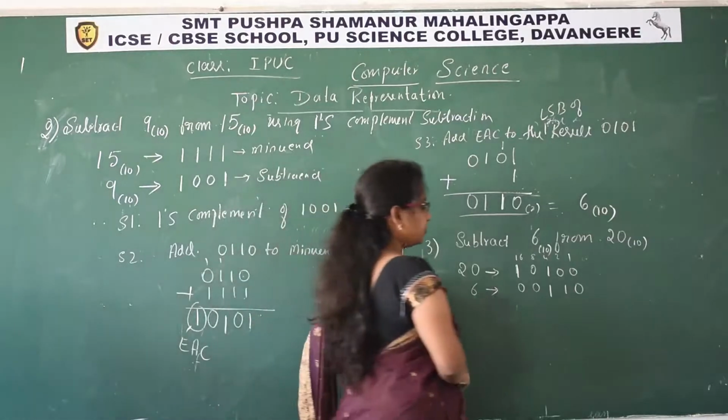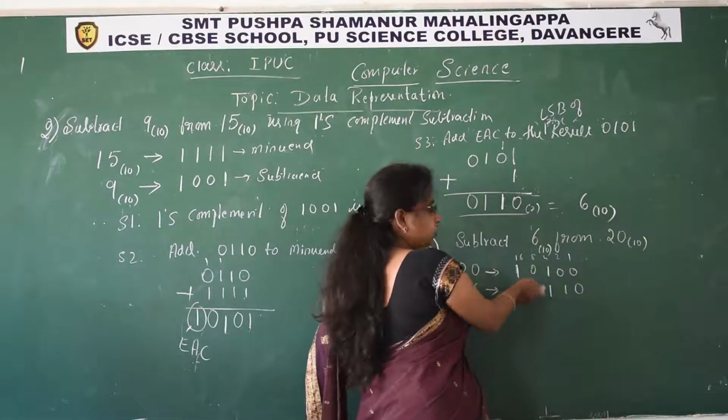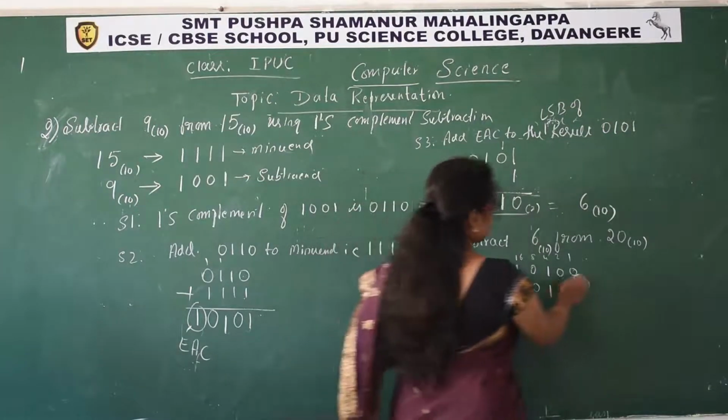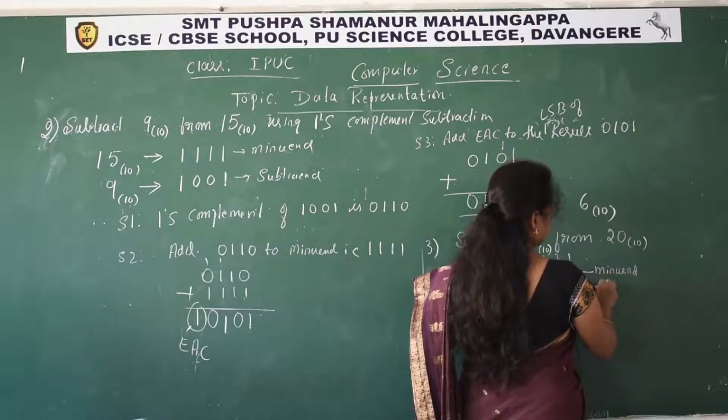3 bits are enough, but to balance with this number, we have to write 2 more 0s here. Now this is the minuend and this is the subtrahend.